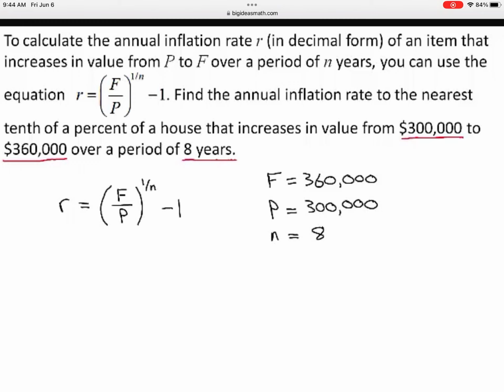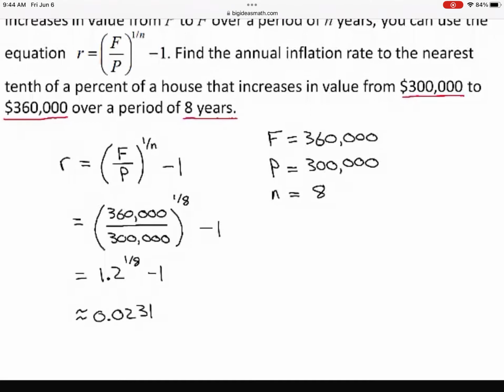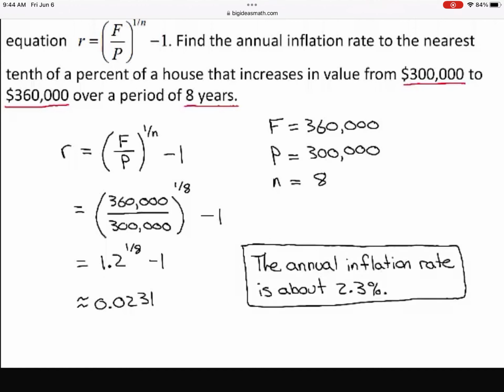Substituting these values gives R equals the quantity 360,000 divided by 300,000 to the 1/8 power minus 1, which simplifies to 1.2 to the 1/8 power minus 1, or approximately 0.023. So the annual inflation rate is about 2.3%.